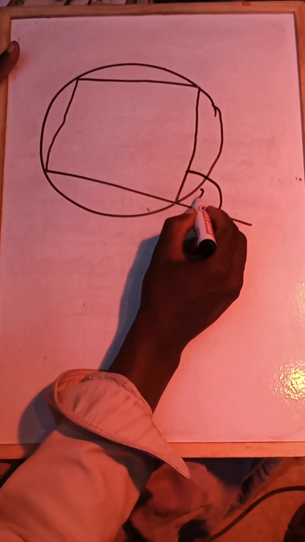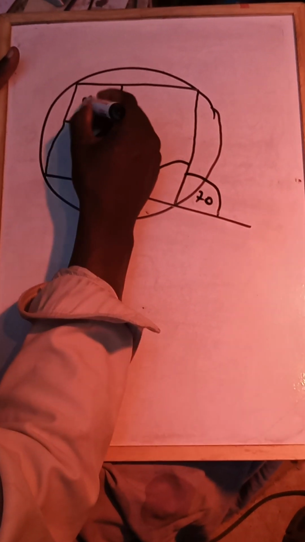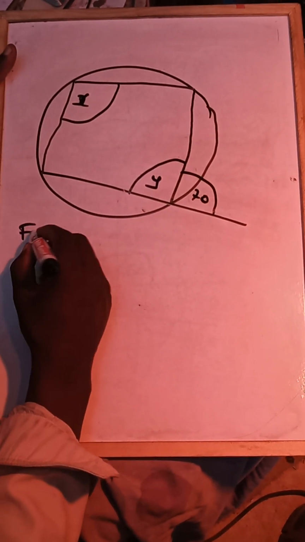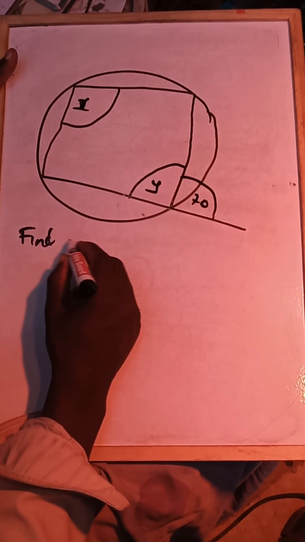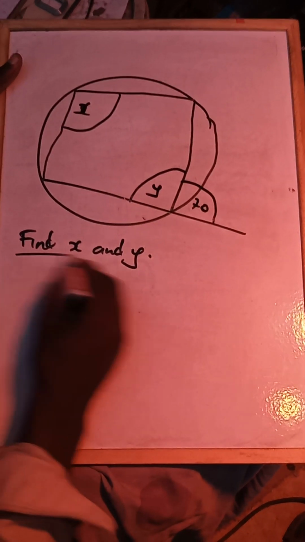So here we have 70 degrees. I am leaving it as an exercise: find x and y.